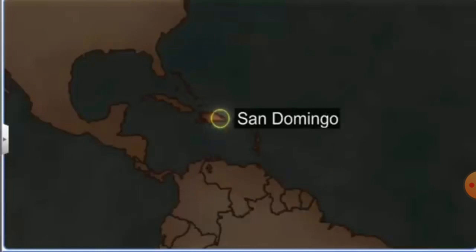But the problem was that the people of Europe were not willing to go to these faraway places and work there as laborers on the plantations.